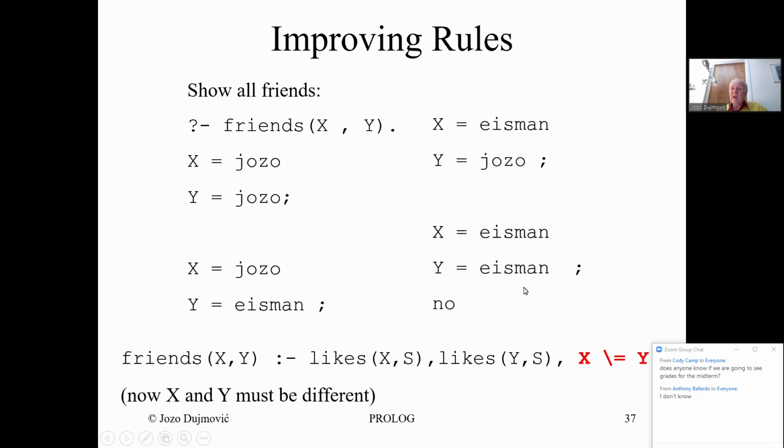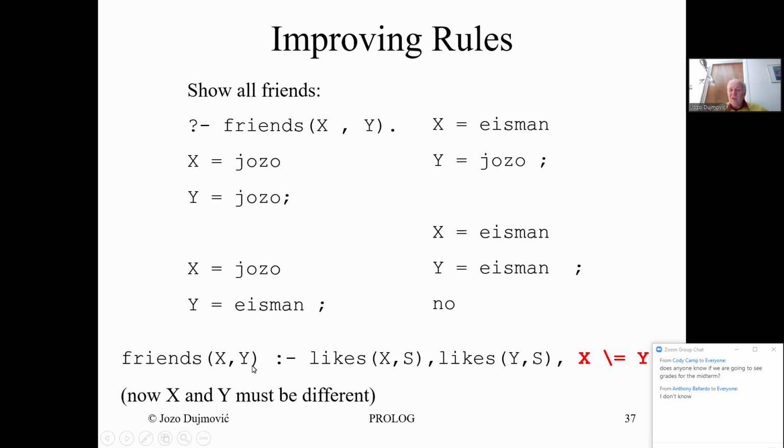So you can say, hey, these are trivial solutions. I don't want this. I want to write the program that gives me two different people who like the same thing. They are friends. Of course, this is easy to do. You just have to say that these have to be two different people. So here is the rule.